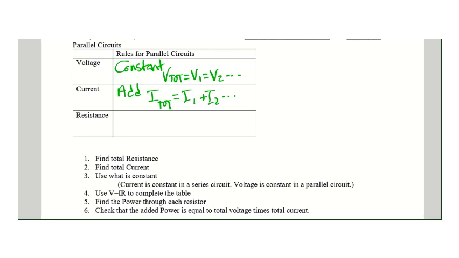And the last quantity is resistance, and this is a little bit unique: reciprocals add. So what that means is that 1 over R total equals 1 over R1 plus 1 over R2, and so on for however many resistors are in parallel.